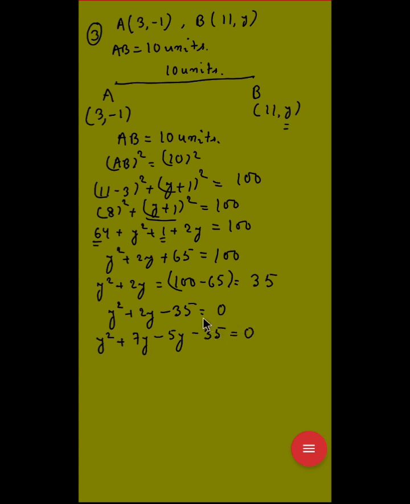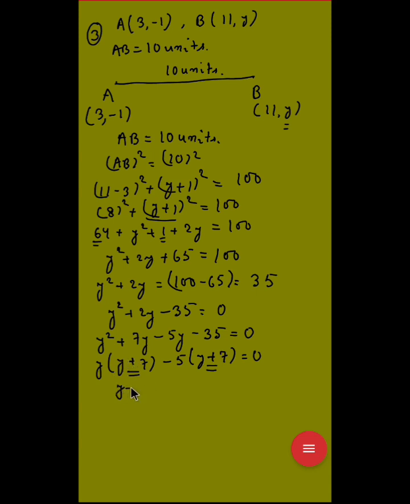Now we are just taking common. We take y as common over here, so we have y times (y plus 7), bracket closed. Again we take minus 5 as common, and in the bracket y plus 7, bracket closed, equal to 0. Now we have y plus 7 here and again y plus 7 here, so we take y plus 7 as the common part.